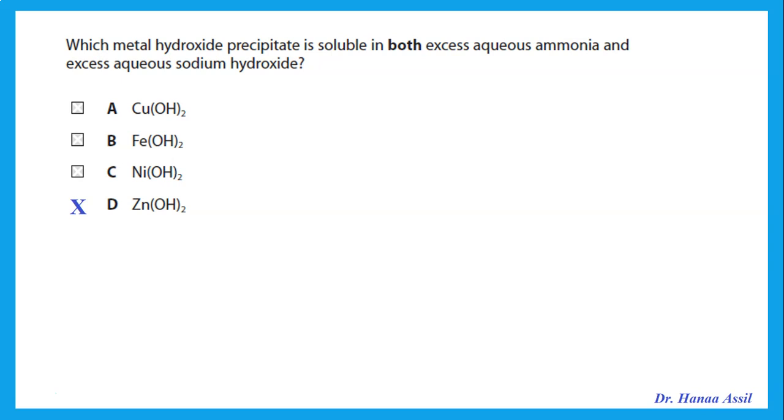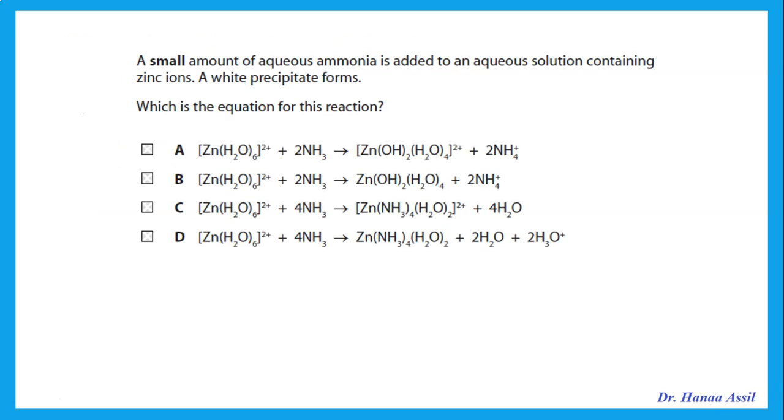If you add excess ammonia or excess sodium hydroxide to zinc 2+, at the beginning you get a white precipitate, and then in both cases it will dissolve to form a colorless solution. So this is the precipitate that will be soluble in both excess ammonia and excess sodium hydroxide.